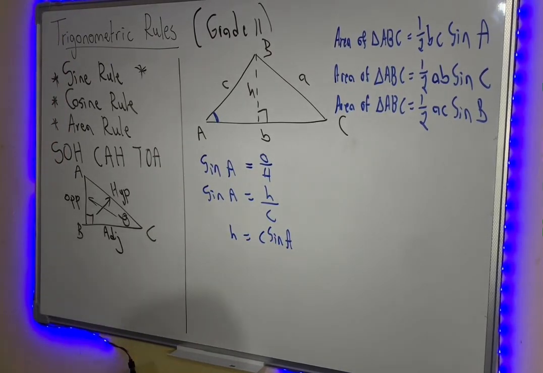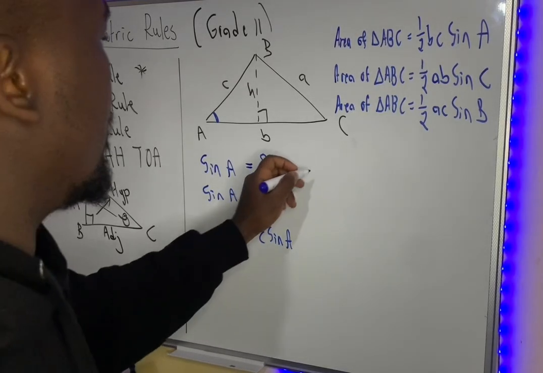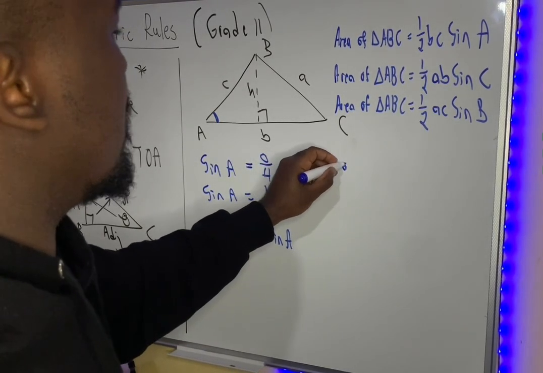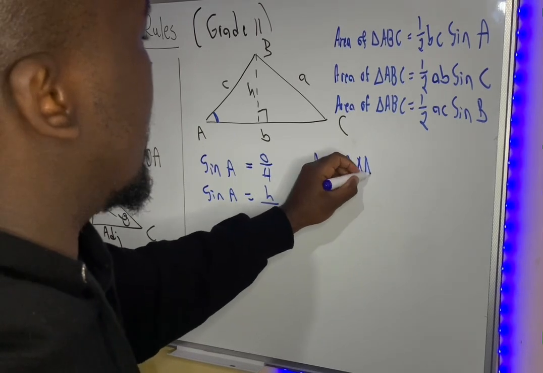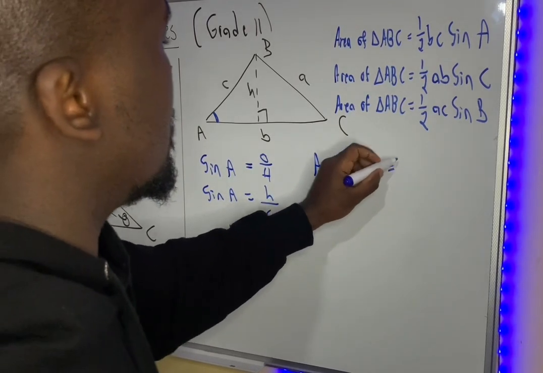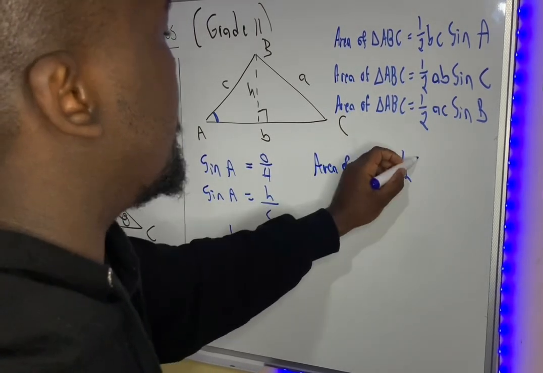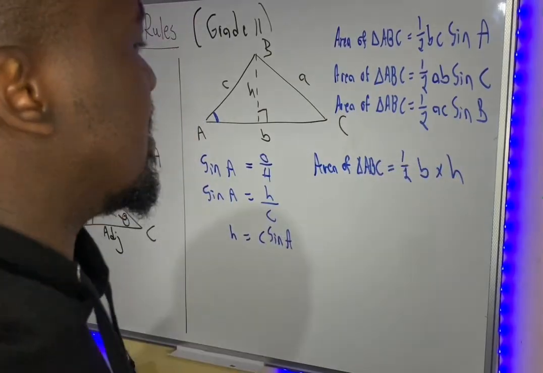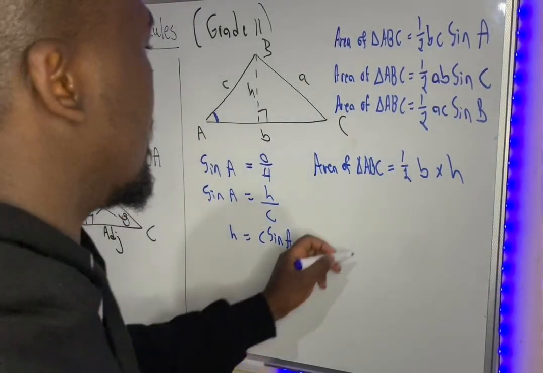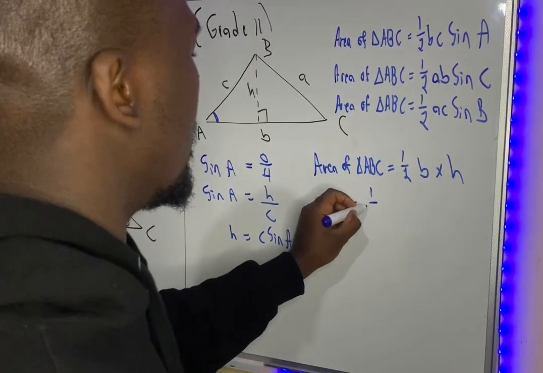Right, so let's say now we have the height. Since we have the height, remember how we calculate the area now. The area of triangle ABC is going to be 1 over 2 base times height, right? So we're going to use that. So now it's going to be 1 over 2.